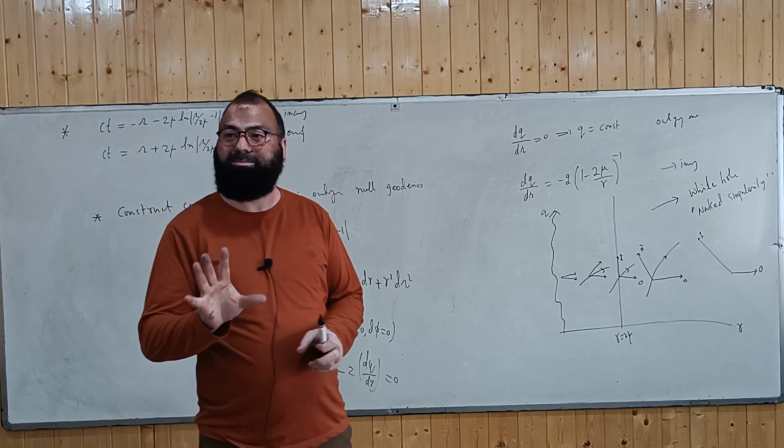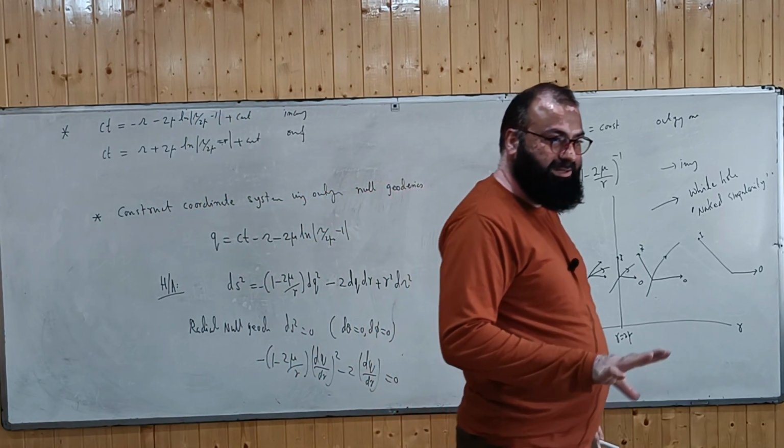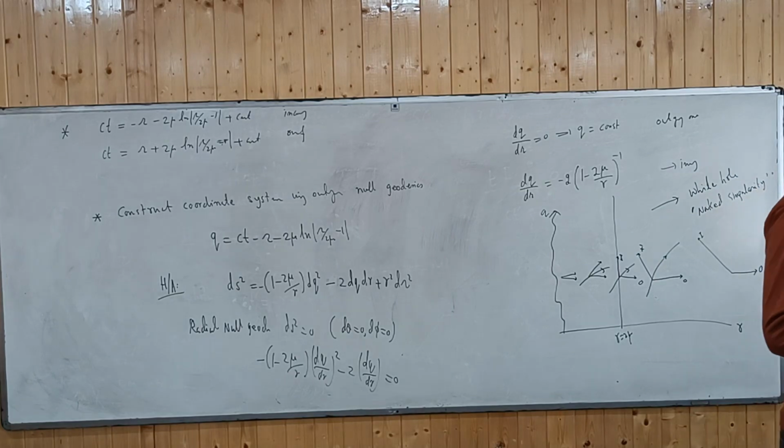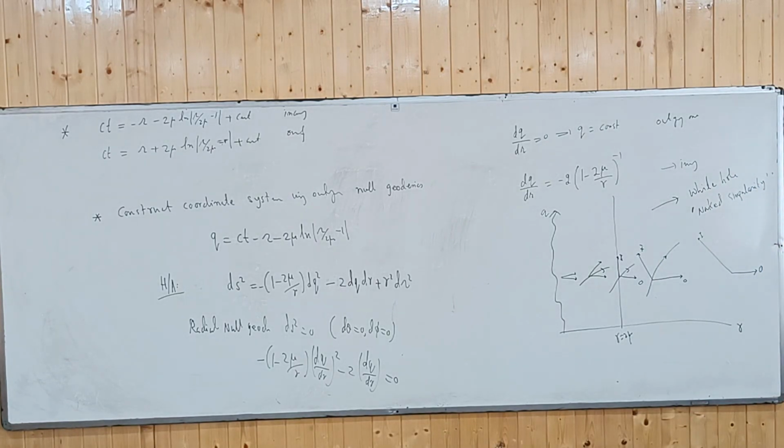So we now have two types of solutions that the Einstein equation possesses. One we call a black hole solution, where from the event horizon nothing comes out, and we have a white hole solution where nothing goes inside and everything comes outside. Clear?